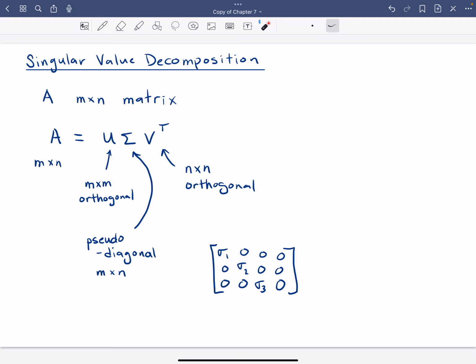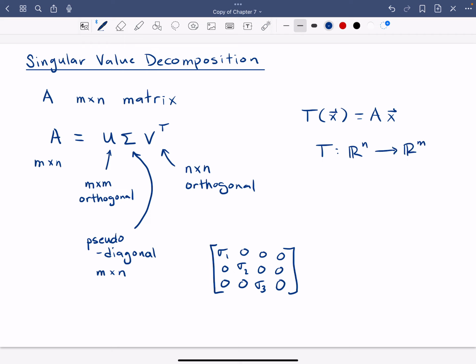If we think of A as giving us a linear transformation, say T of x equals A times x, that gives us a linear transformation from Rn to Rm.